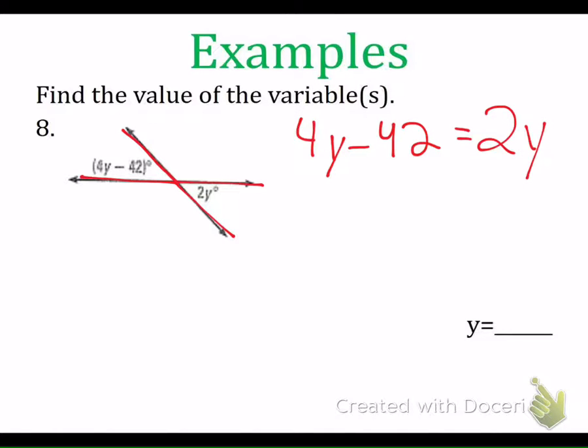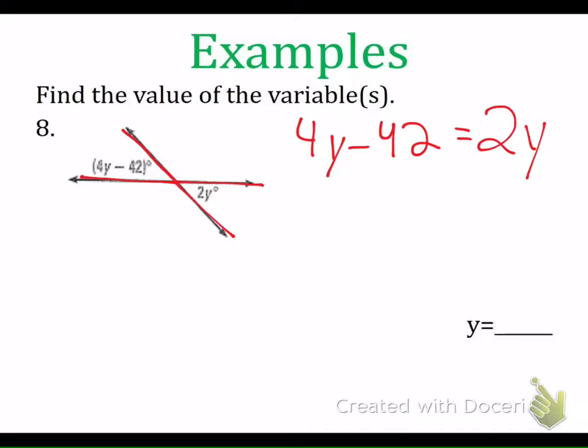That is the struggle of geometry. Do they add to 180? Do they add to 90? Or are they equal? Basically, when in doubt, pick one of those things. Hopefully an educated guess. Maybe an eeny, meeny, miny, mo. I'm not sure. But that's usually what you're up to. Okay? Now, what should I do to find the y?